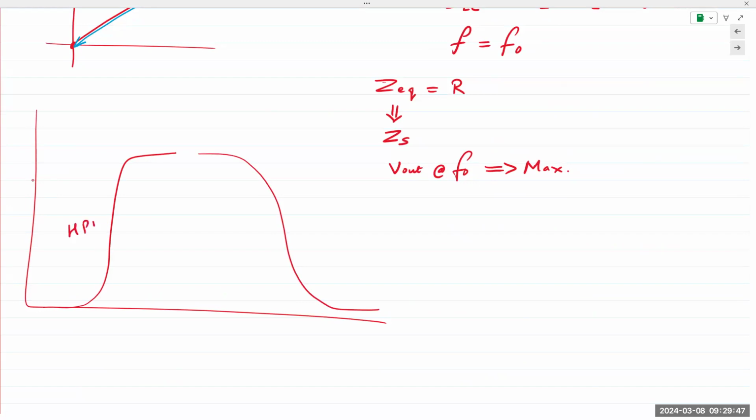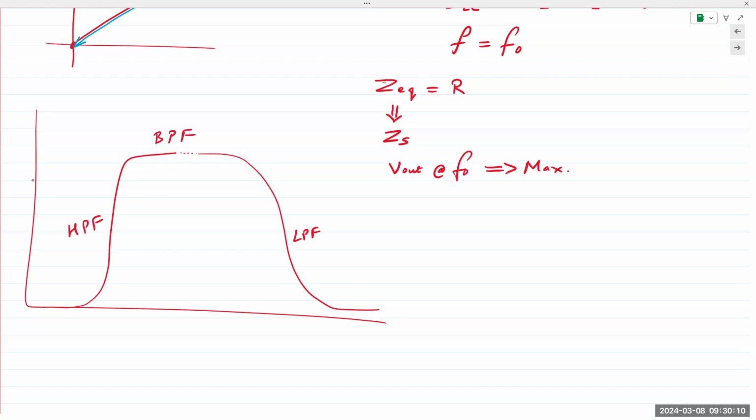So this is the high pass filter characteristic. This is the low pass filter characteristic. You have two cutoff frequencies, one for each kind of filter, the high pass as well as the low pass. You bring both of them together, you get a band pass filter.